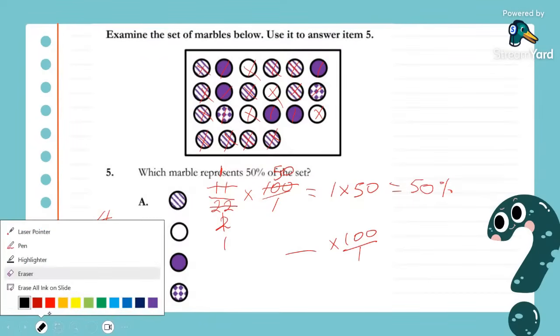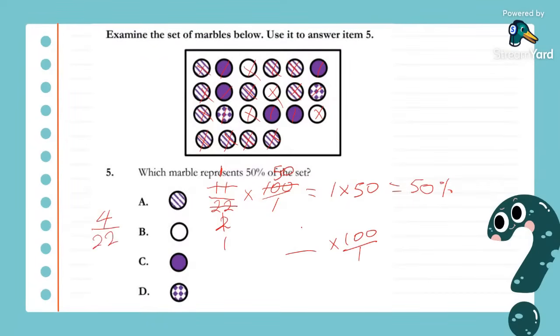So let me use a different set of numbers to divide, because maybe it's easier for us to divide 2 into 22 and 2 into 100. So 2 into 22 goes 11 times. 2 into 100 goes 50 times. So we'll do 4 times 50 divided by 11. 4 times 50 is 200. Divided by 11 will not be 50%.